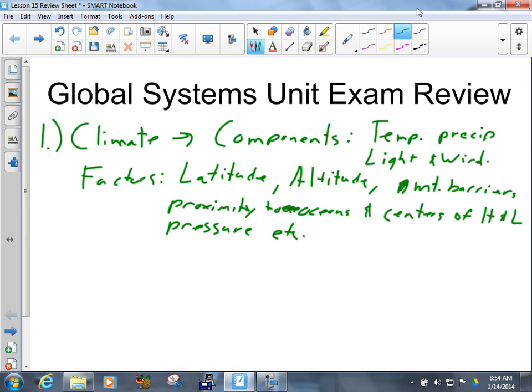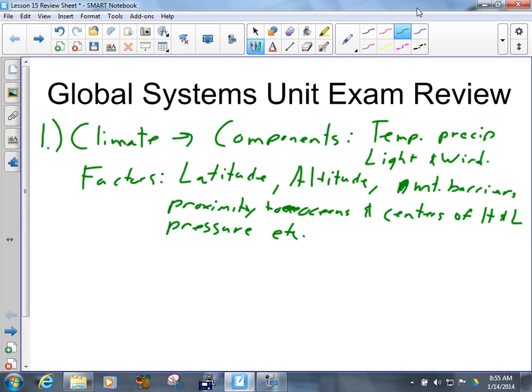All right, so let's say you're looking at Revelstoke as a city, which is up in the mountains in BC. You would say, well, it's relatively high latitude because it's a Canadian city, so it's far from the equator. This affects daylight in this way. Being far from the equator affects the length of day throughout the year.